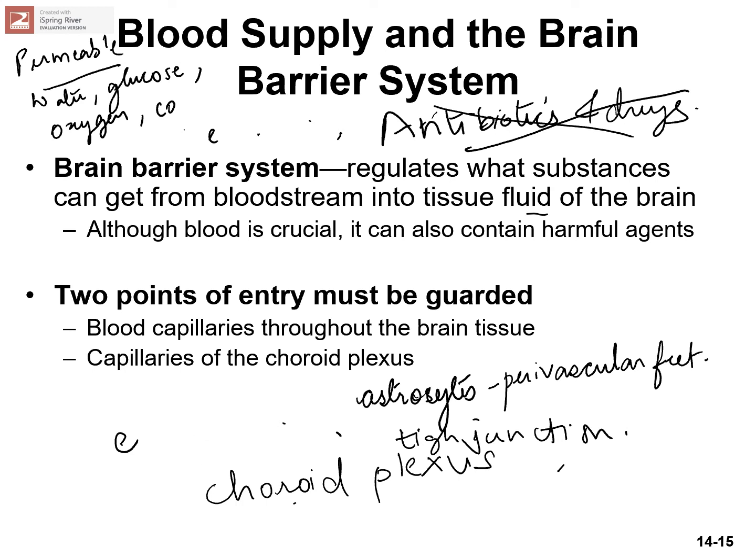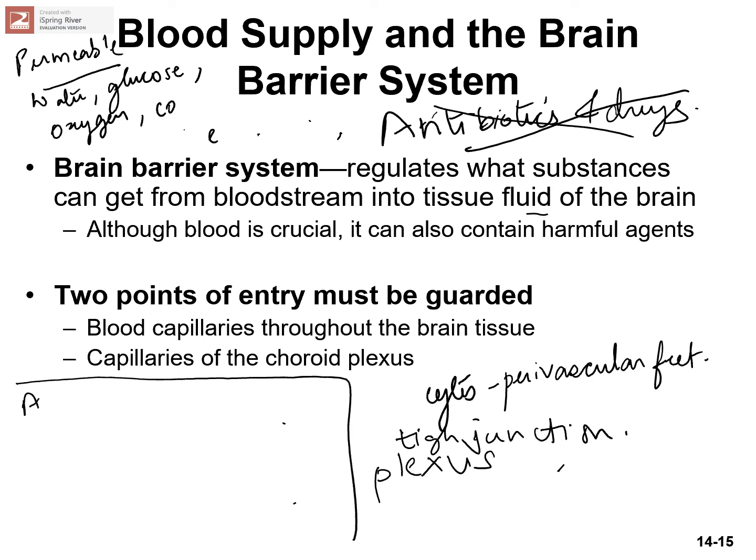Now, the blood-brain barrier is not present everywhere in the brain. It is absent in the third and fourth ventricle. So the cerebrospinal fluid in the third and fourth ventricle is in direct contact with the central nervous system neurons, and this region has centers known as circumventricular organs.